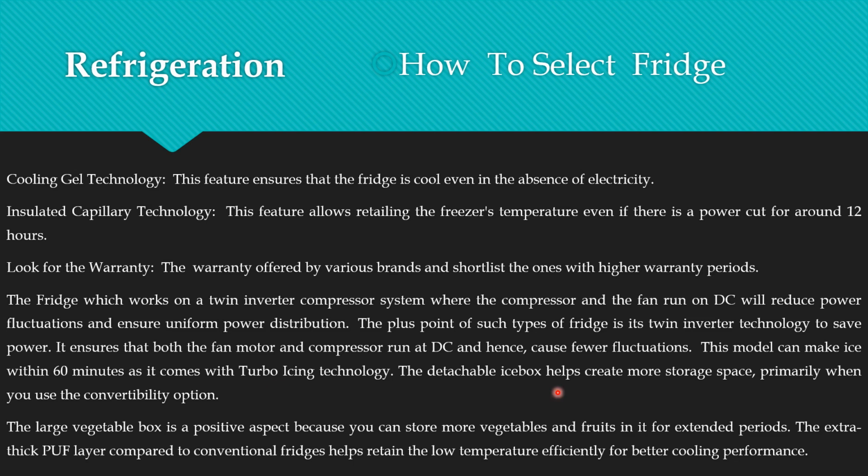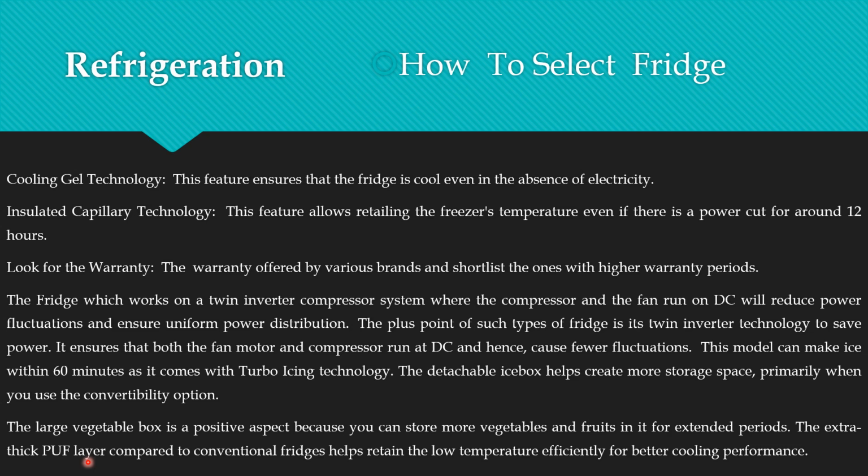Based on that, we can use the ice box. Then the turbo icing technology will come into play, and ice formation will be there within 60 minutes. Also, this type of fridge has a large vegetable box, which is a positive aspect because we can store more vegetables and fruits in it for an extended period.